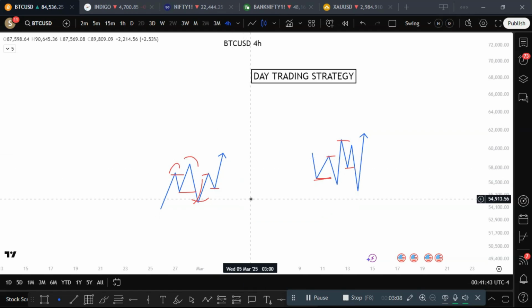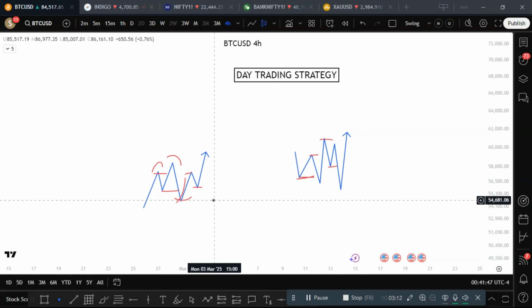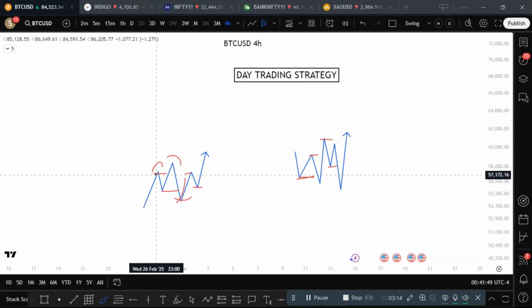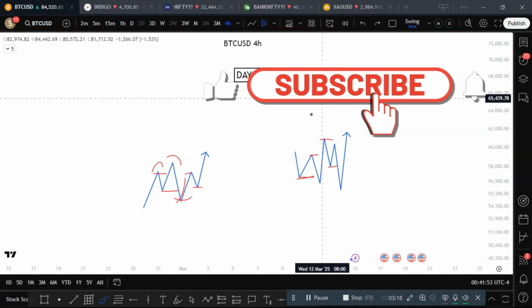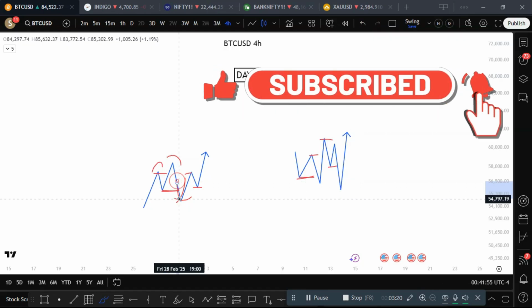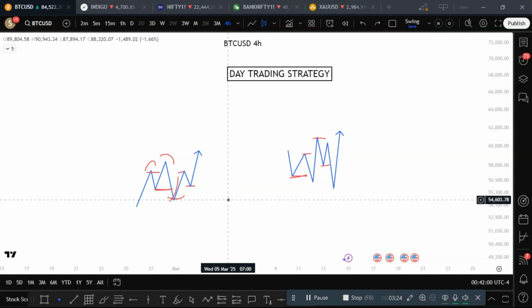One important thing to remember, we don't need body closing. If price is closing with the body, we will not take entry. What we need is a wick, because a wick shows rejection, right? Wicks are not real body closing.